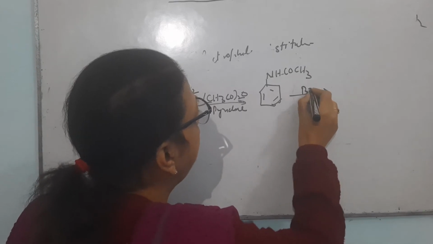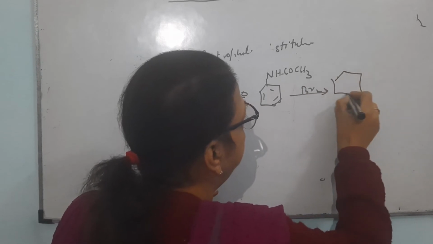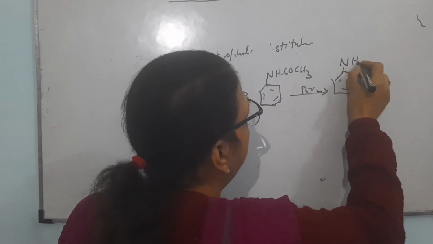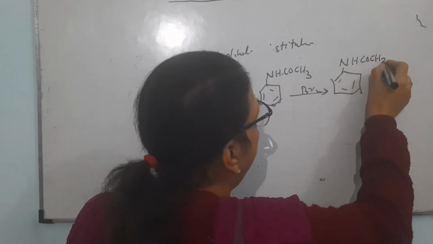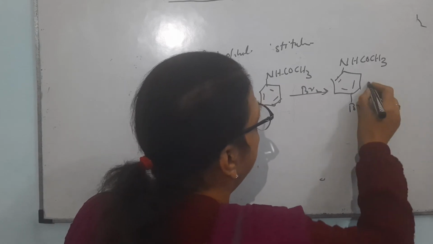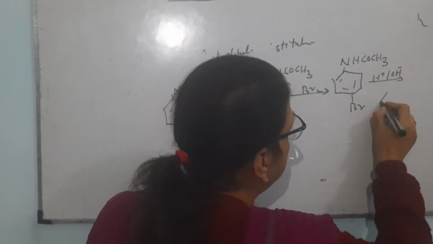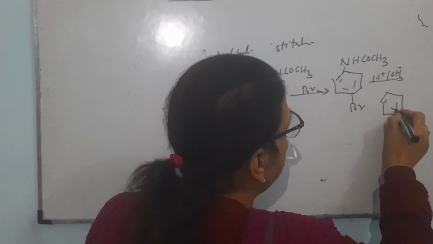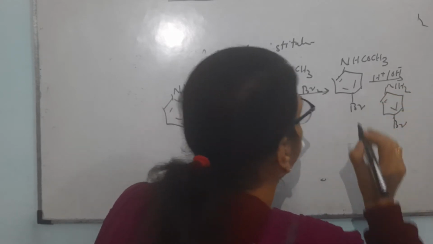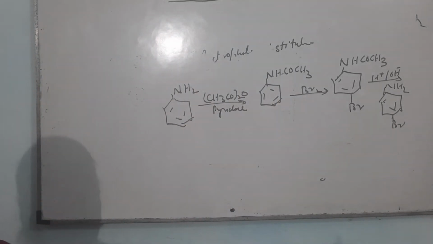The next reaction will be with bromine. There will be formation of ortho and para, both the compounds are formed, but the para is the main product. So I will write here para. After that, the hydrolysis is done in the presence of acid or base. There will be formation of NH2 and Br. So this reaction is done for the bromination.